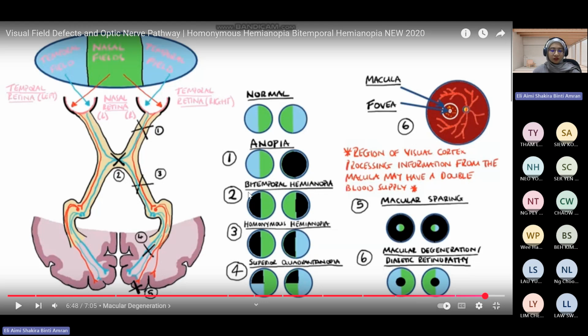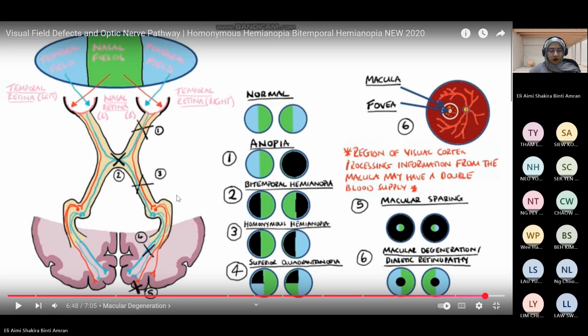Half of the visual field on both sides will be gone, the temporal side. When they look at the front, the temporal sides are inattentive. They will not be aware if someone is coming from the right temporal or left temporal.